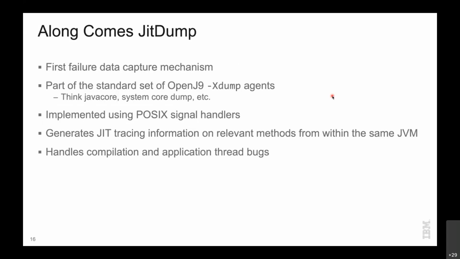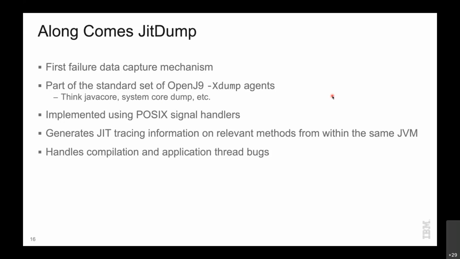Well, there is. The mechanism is called JitDump, and like I said before, it's a first failure data capture mechanism. It's a dump agent, which is part of the JVM and can be configured via the -Xdump options that you typically see for Java cores and system cores. The mechanism is implemented with POSIX signal handlers, which is provided to us by the OMR port library.